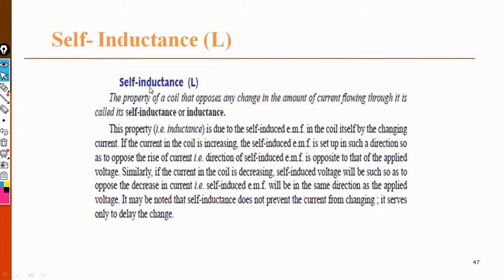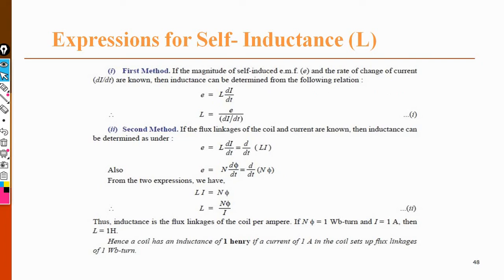This is the first method: the magnitude of the self-induced EMF, E, is directly proportional to the inductance and the change in current flowing through it with respect to time. This is called the first method.